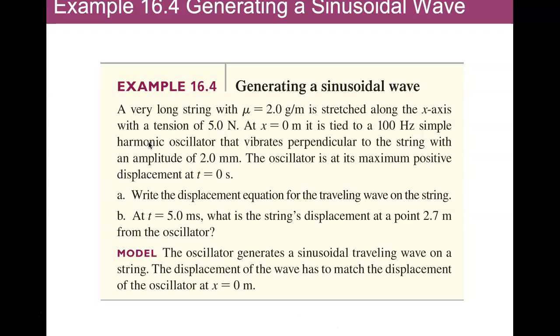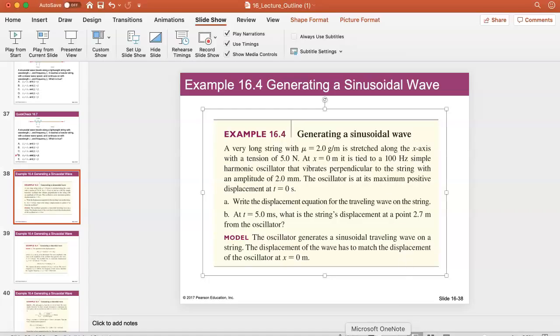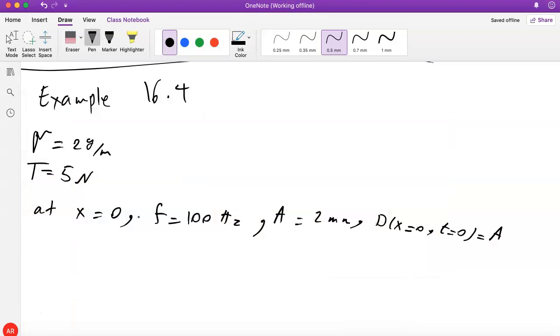And then we also know the amplitude. So A, the amplitude is 2 millimeters. And then there's this piece of information about the initial condition. So we know that the oscillator is at its maximum positive displacement at t equal 0. All right? So that's the frequency, that's the amplitude, 2 millimeters here.